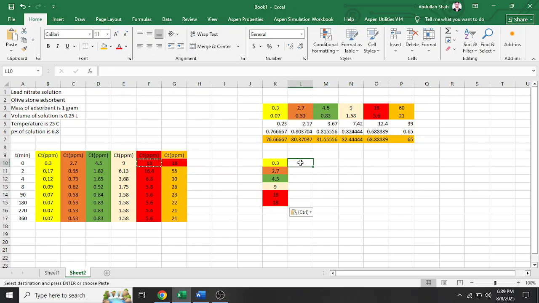So C naught for the first experiment is this one.